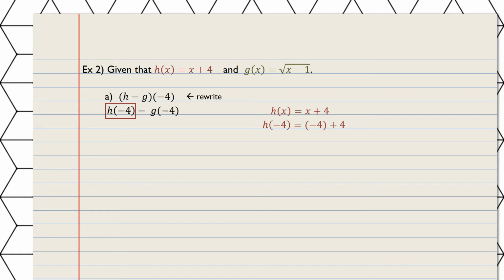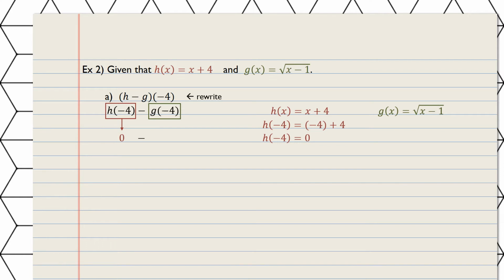We do GEMS, but there's no grouping, no exponents, no multiplication or division, but there is subtraction and addition. Hopefully you notice -4 plus 4 is 0. So we can now replace h of -4 with its true value of 0. Now we keep the same operation of subtraction, and the next function is the g function, which is square root of x minus 1.